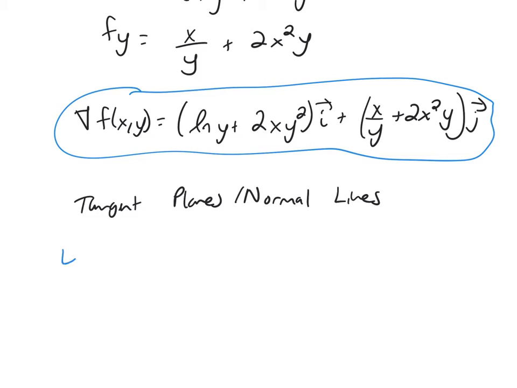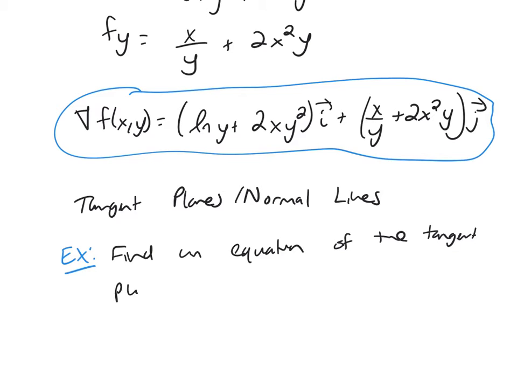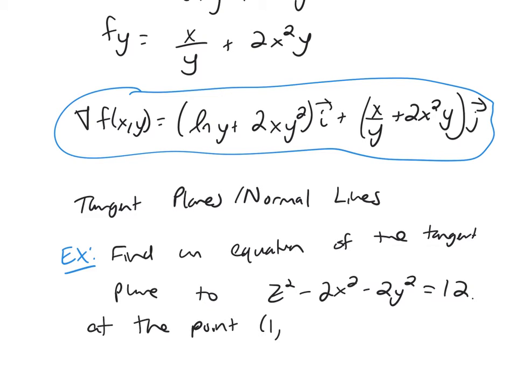So now let's find an equation of the tangent plane to the following surface. z squared minus 2x squared minus 2y squared equals 12, at the point 1, negative 1, 4.